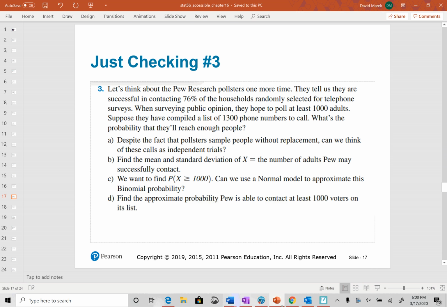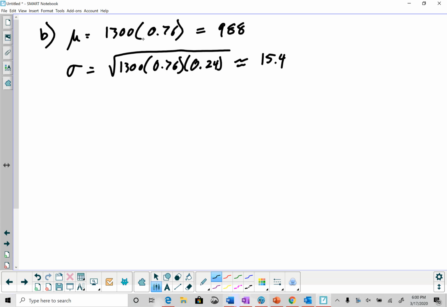For part C, we want to find the probability that x is greater than or equal to 1,000. Can we use a normal model to approximate this binomial probability? Well, yeah, we just figured out 1,300 times the 0.76.